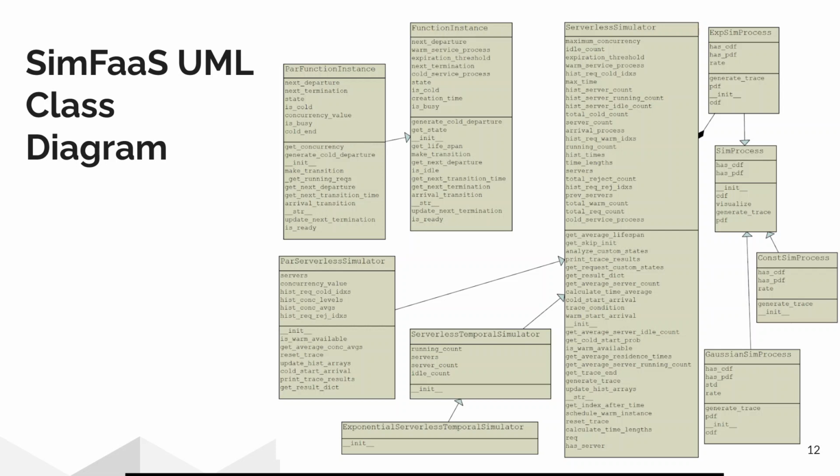So for any functionality that you want to change, for example, you extend the function instance and its behavior, and then you just inject your newly created function instance class into the platform, and it can help you simulate and see what happens when that type of function instance is used in a serverless platform.